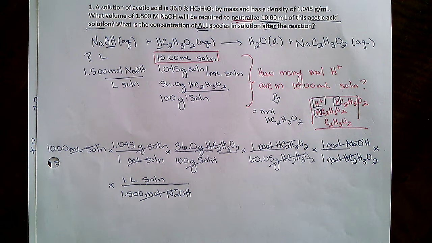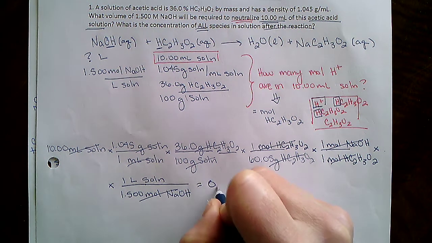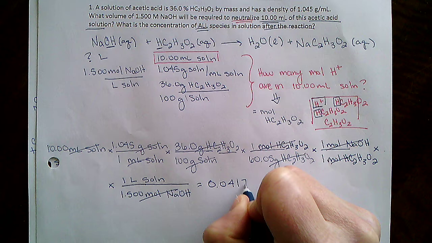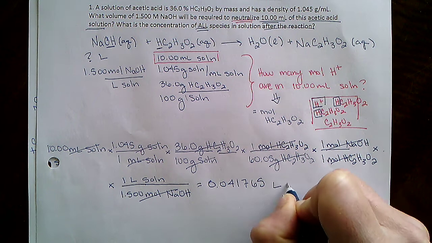Whew, okay, so now you need to plug everything into your calculator. 10 times 1.045 times 36, all divided by 100, times 60.05, times 1.5. And I've got 0.041765 liters of solution.